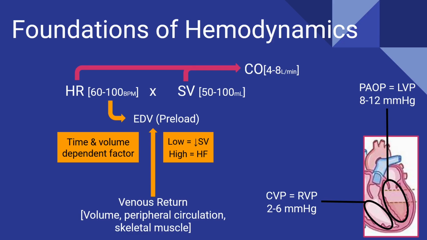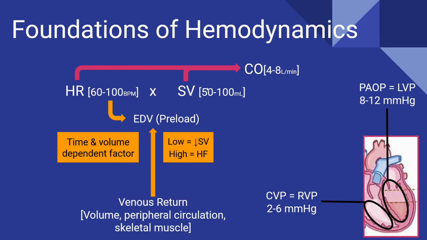Okay? So if that volume is low, then we're going to have a lower stroke volume. We're going to have a lower amount of blood being released because we have less blood coming in. So we can do something to try to fix that. And if that number is high, it means we might have heart failure.